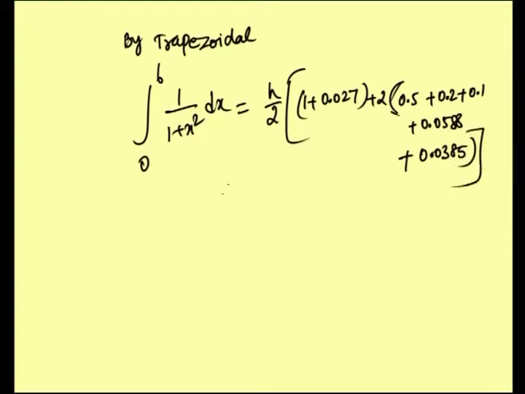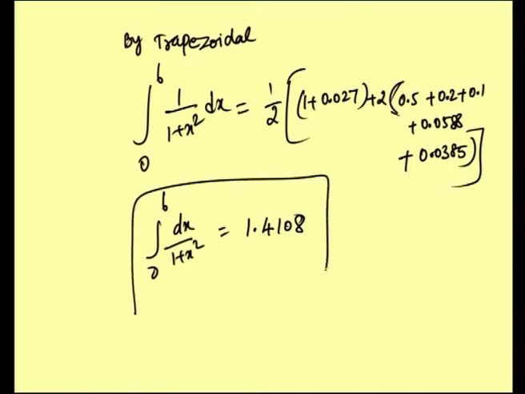And h is here 1, isn't it? The calculated value comes to be equal to 1.4108. So, the integral 0 to 6 of dx by 1 plus x squared is 1.4108 by the trapezoidal rule.